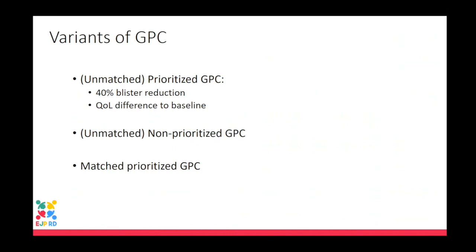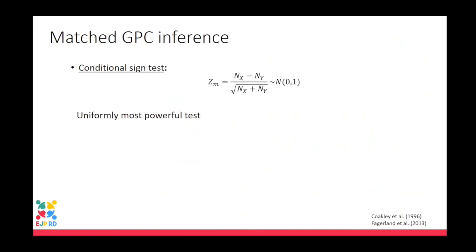And then there's something called the matched prioritized GPC. Because we have a crossover trial, a single patient is treated with both treatments. So instead of comparing each of the subjects with all of the other subjects, we might want to look at a single patient and compare their outcomes only within the same subject. That is the matched prioritized GPC.